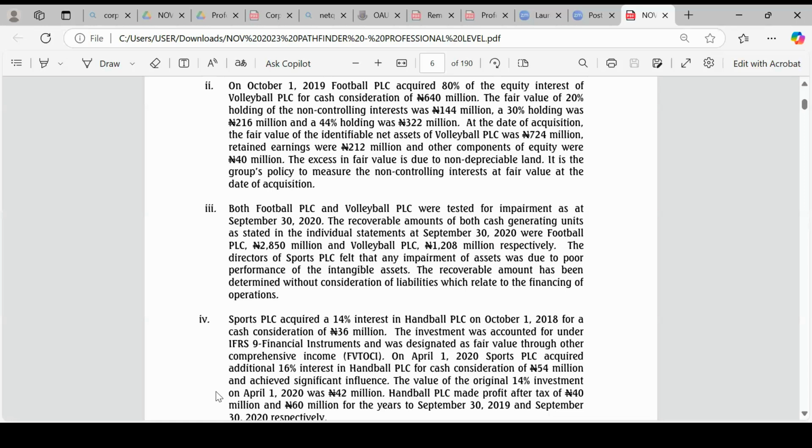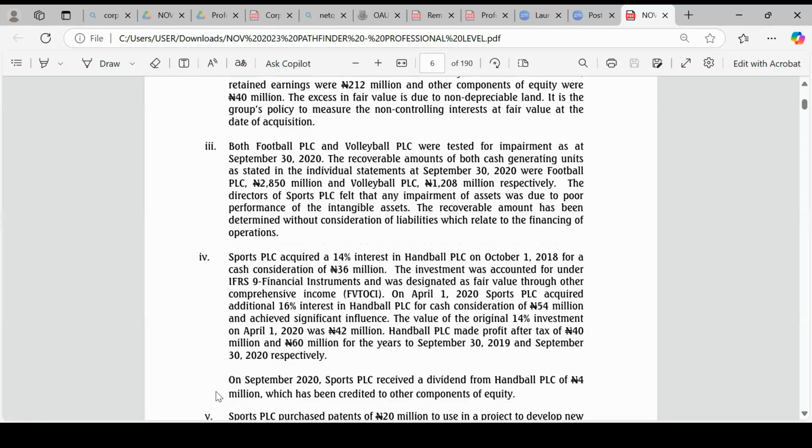If it now turns out that the recoverable amount is lower than the adjusted total assets, then I will need to calculate an impairment. And it's very simple. Whatever the adjusted total asset is compared to the recoverable amount, the difference is what I will charge as an impairment loss. Right? That's what I will charge as an impairment loss.